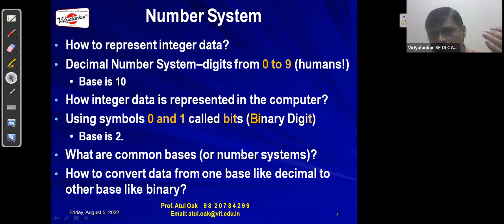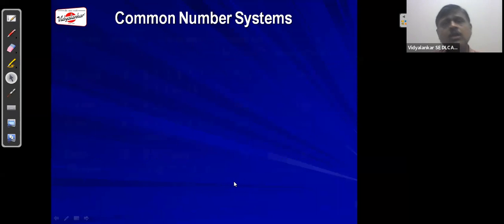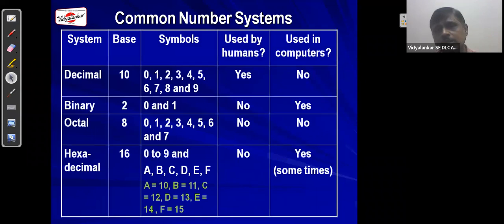And how will I convert human data to machine data? For that, I need to study something. Automatically it will not happen. And for that, we use a small table.